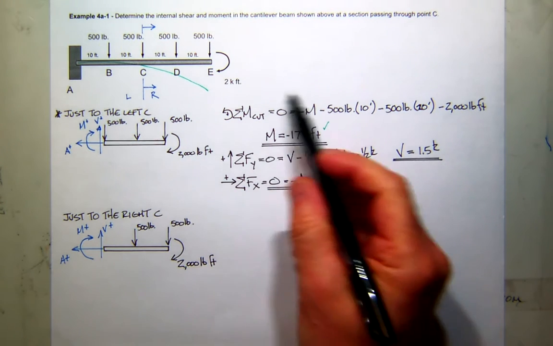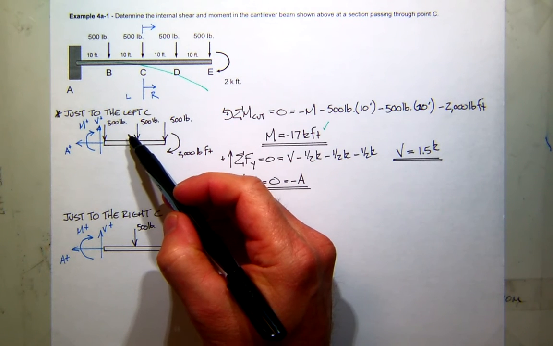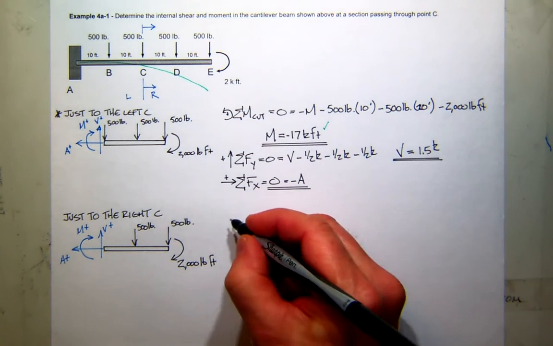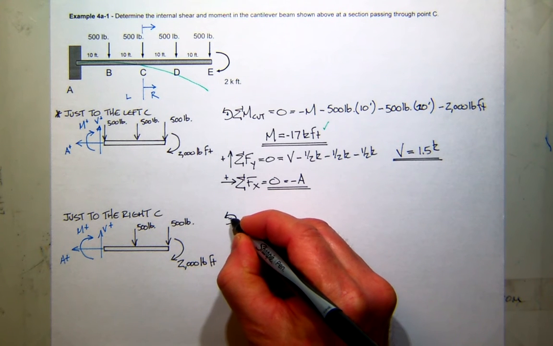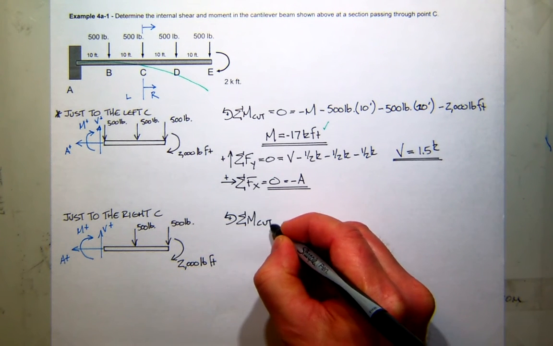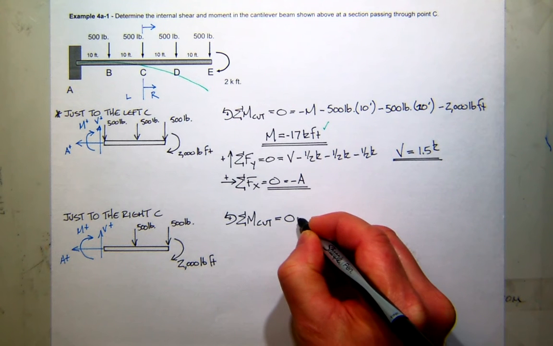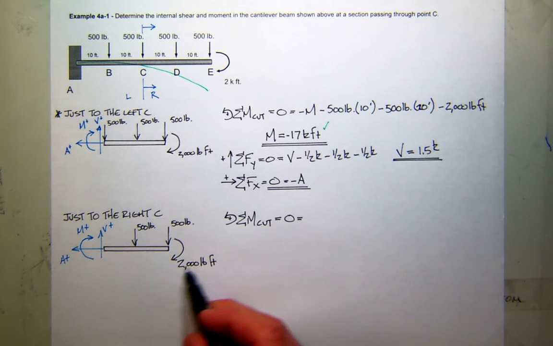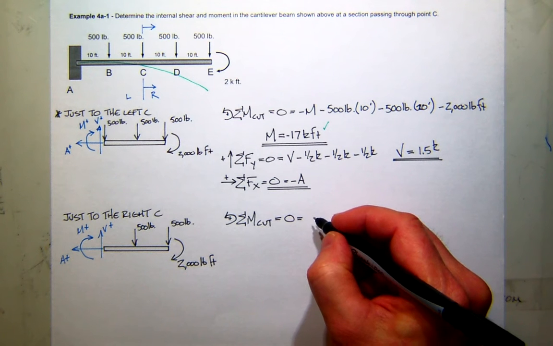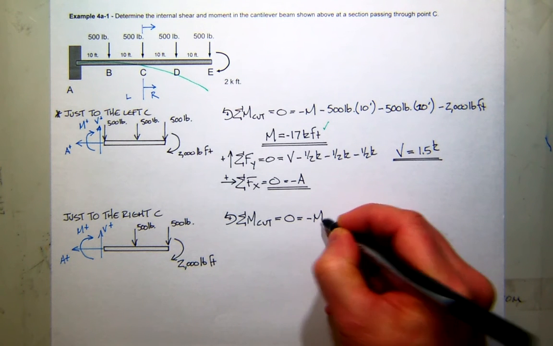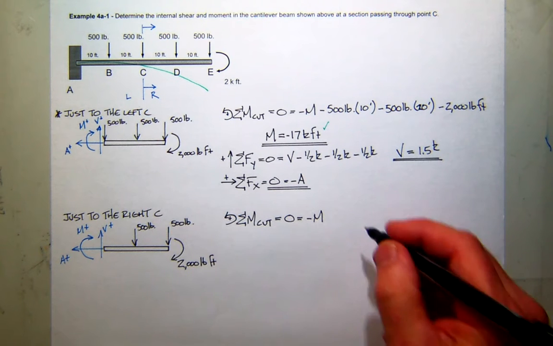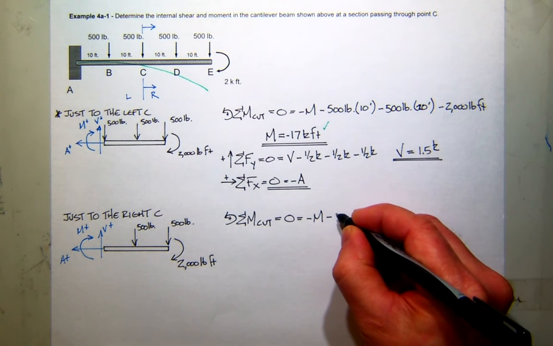So I'm going to apply the same strategy I did to the first body to the second body. So let's see what changes. I'm going to sum moments at the cut and make sure it's in equilibrium. So again, summing moments here, I've got this moment at the cut. That's a negative moment. I've got 1, 2 moments due to these 500-pound forces. They're also negative.